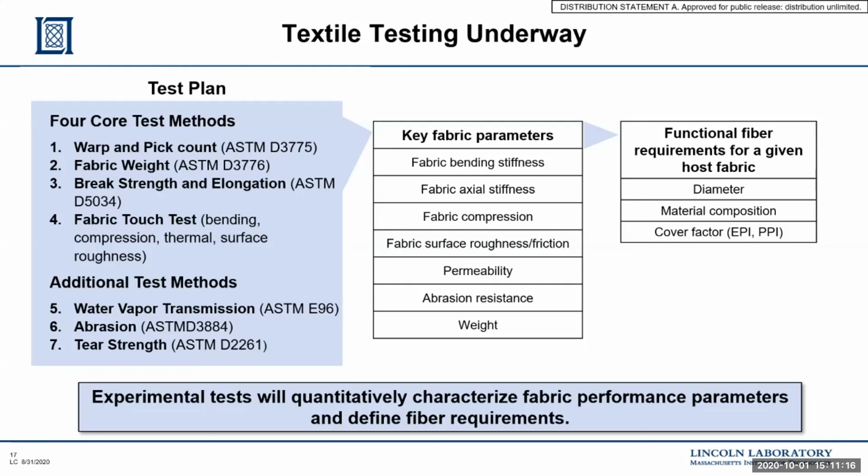The output of those tests is going to be these key fabric parameters, really targeting mechanical performance, so stiffness, permeability, that kind of thing. And then finally, linking this back to the fiber requirements: what kind of diameters, material composition, and cover factor, what requirements need to be placed on the fiber in order to have that seamless integration. So we can go to the next slide.